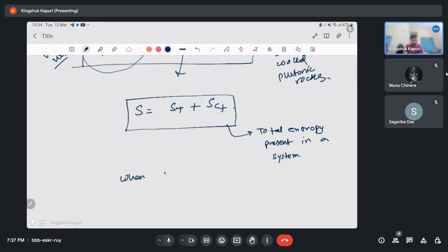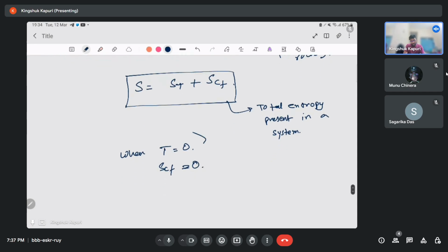So when T equals 0, your S of CF will also be equal to 0. This type of condition refers to a substance that is perfectly crystalline.